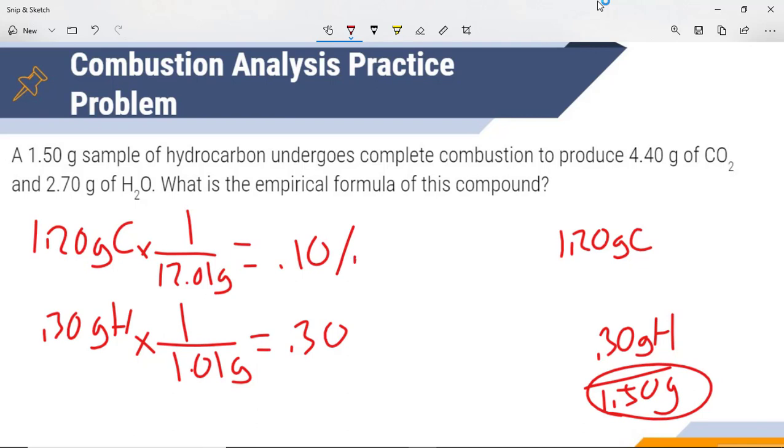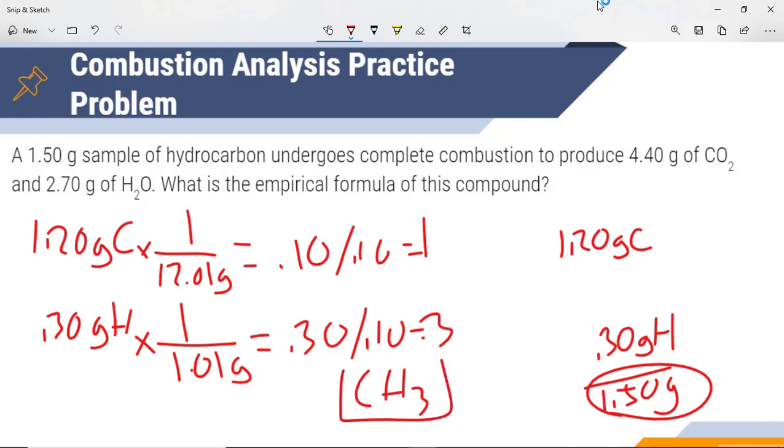The lowest number is 0.10. We're going to divide by that. So we're going to get 1 and 3. So our formula is going to be CH3, at least our empirical formula. Didn't ask for molecular, so we're not going to worry about it.